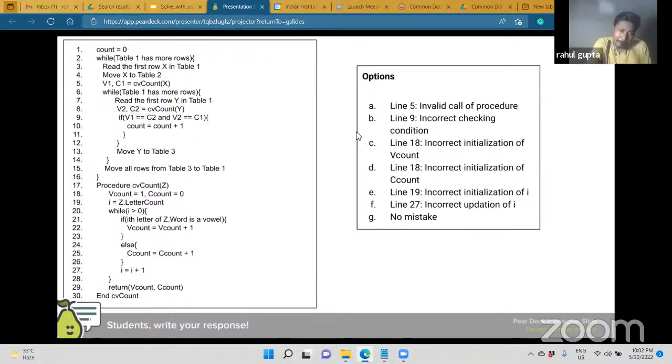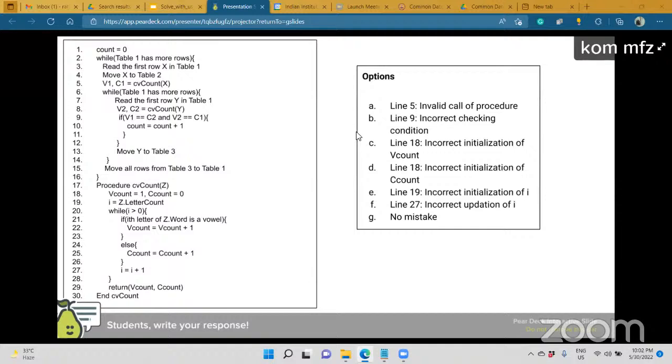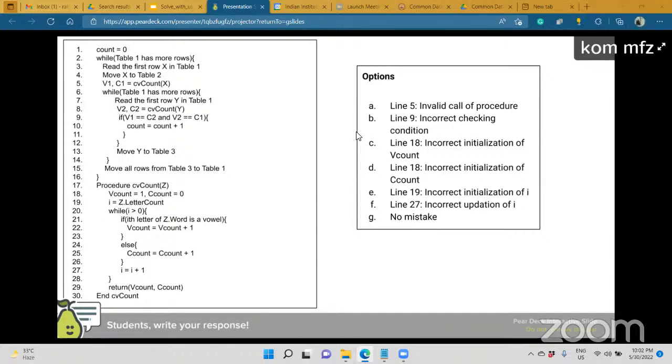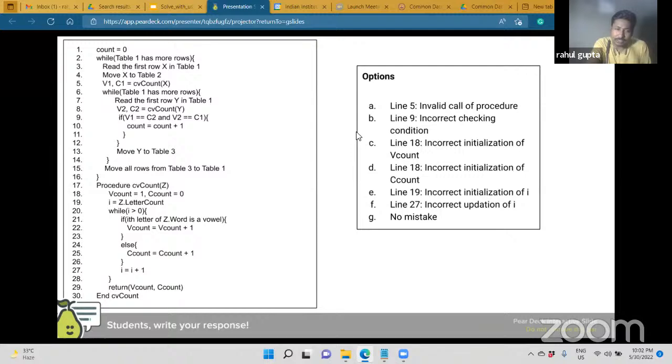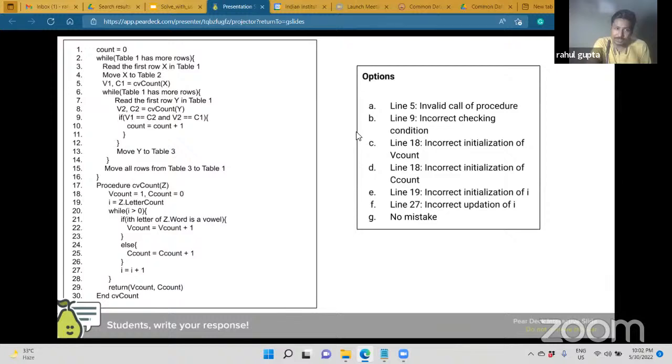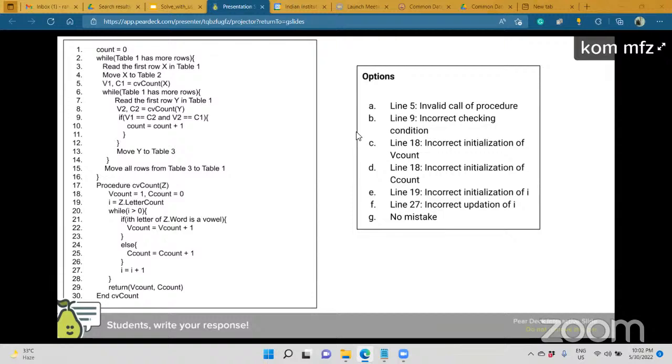And then when we go to line number 20, what will happen there? 7 is greater than 0 or not? Yes, it is. You'll check the 7th letter of the word. If it is a vowel, then increment V count. If it is a consonant, then increment C count. Now line number 27: increment i, what will it become? 8. Will it ever finish? It should be i equal to i minus 1.